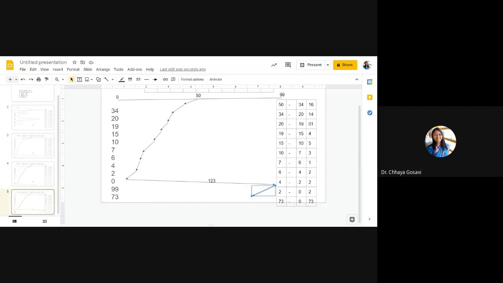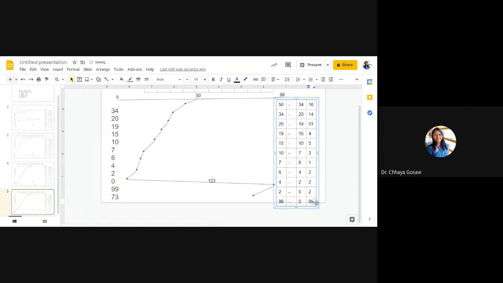So in our calculation, from 0, it will move to 99. So it is 99 minus 0, 99 will be added. And then from 99, we have to come back to 73.